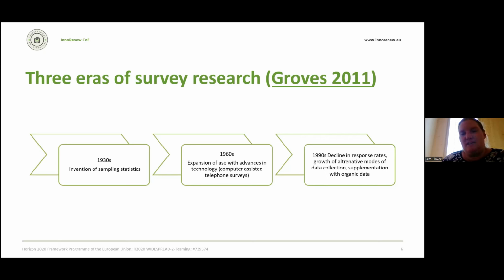But with this passive organic data that you collect about people, about their behaviors, let's say online, you cannot really respond to all the research questions. When people produce content online, there are things people speak about, but there are also things people don't speak about.